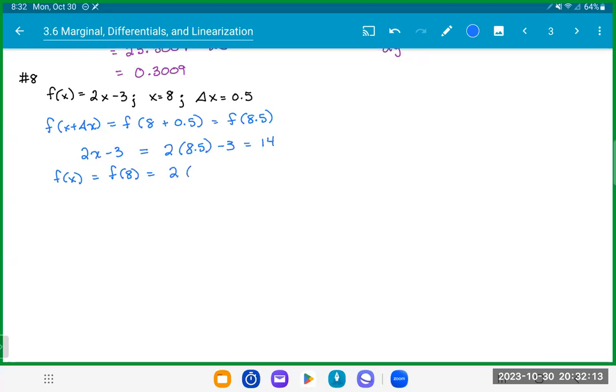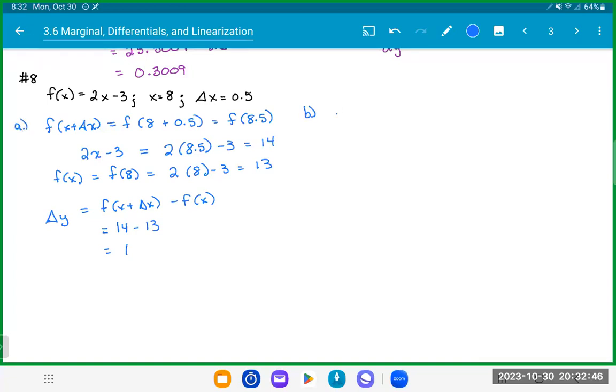So that is 2 times 8 minus 3, and that equals 13. Now we want to look at our change in y, which is really just f of x plus change in x minus f of x. So this is 14 minus 13, so our delta y is 1. Okay, so that's part A.